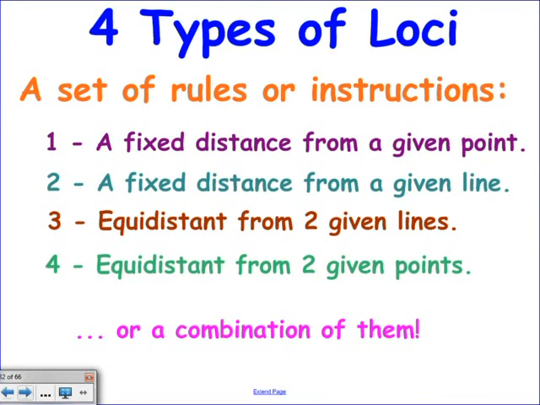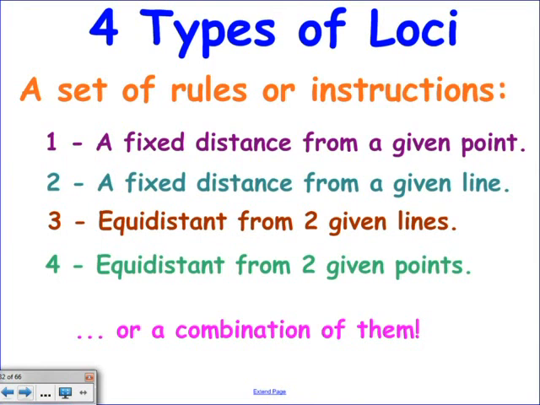What other point is 10 centimetres away? Another 10 centimetres? This is the one they always put in a circle as well. That's because every point on that circle is 10 centimetres away from that point.